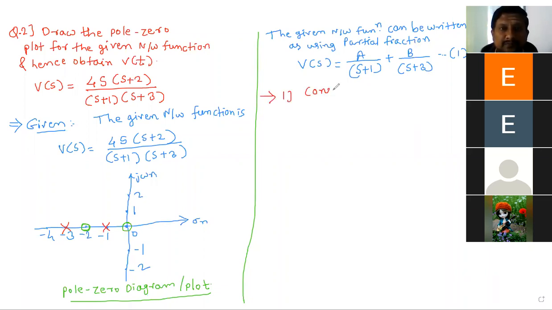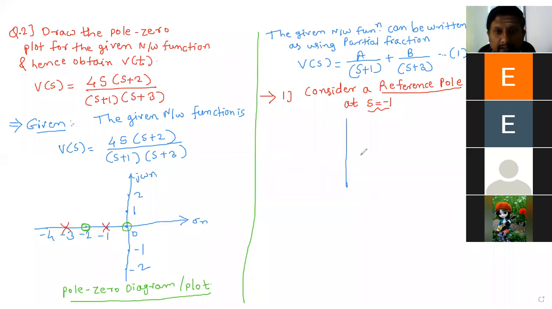Consider a reference pole at S is equal to minus 1. According to that, we have to plot the poles and zeros, and we have to find out the distance and angle.